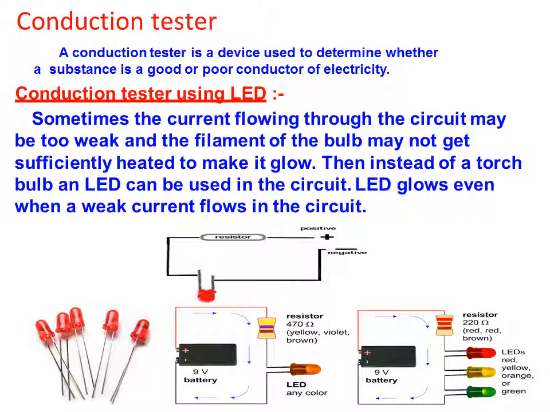So if there is a very weak electric current, we can see that the current is flowing, as the LED bulb will glow. But if there is no electric current, then that bulb will not glow. So we can say that an LED bulb acts as a conducting tester. So this was all about our discussion on electricity and circuits.